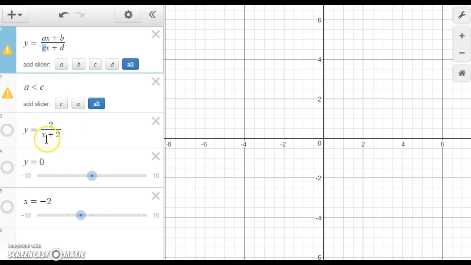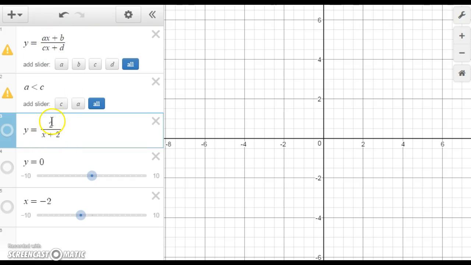If you look at my equation over here, what's my c for y equals 2 over x plus 2? My c is 1. There's 1x here. What about my a?